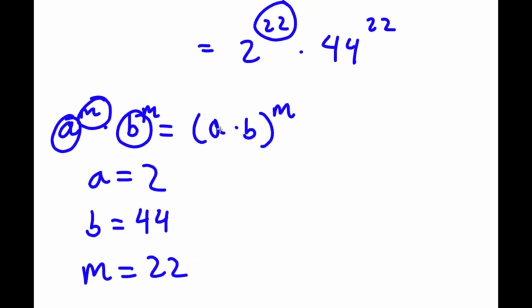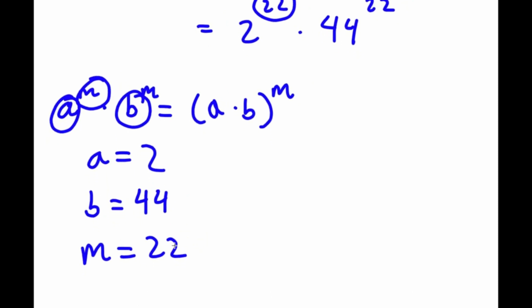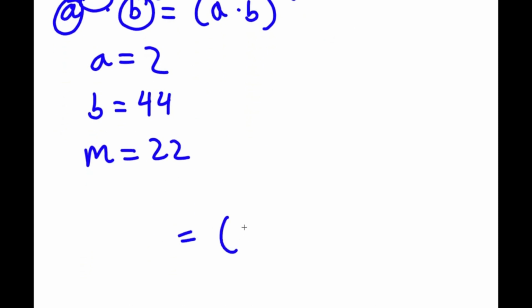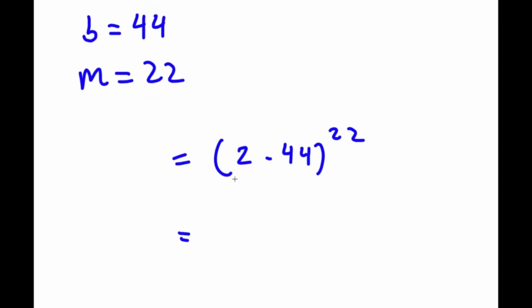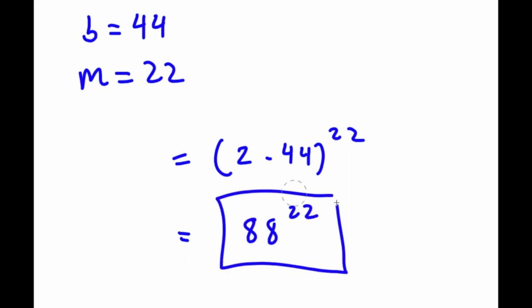So we want to put this in the form (a times b) to the power of m. So we know that a is 2, b is 44, and m is 22. So this is going to equal a times b, so (2 times 44) to the power of m, which is 22. Now, 2 times 44, that's simply equal to 88. So now I have 88 to the power of 22. So this is my answer.